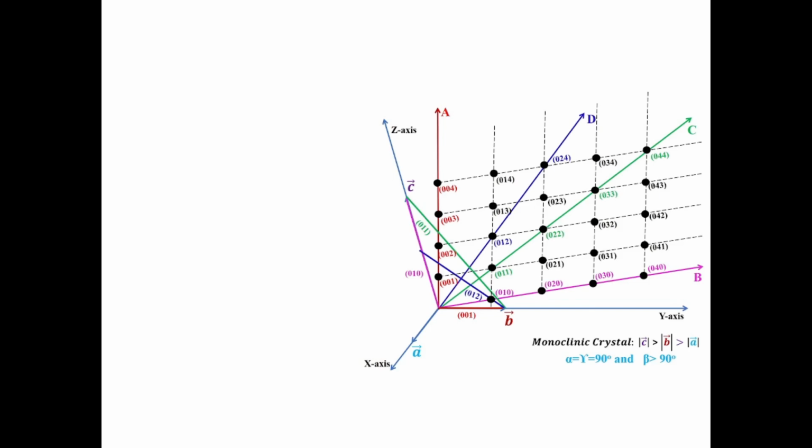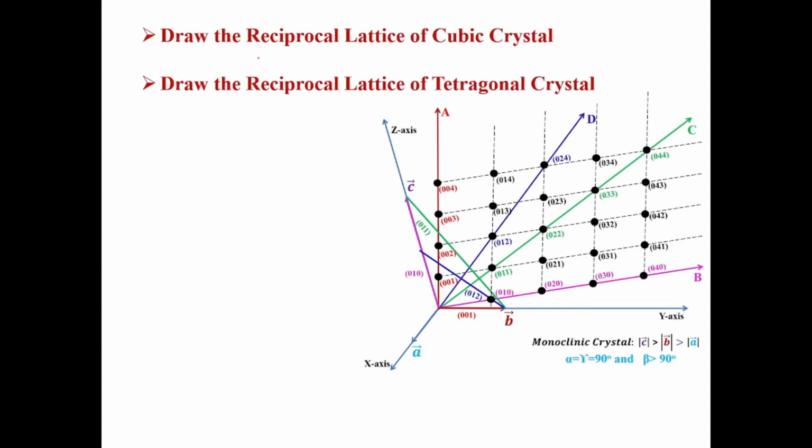Here this reciprocal lattice is drawn by considering the monoclinic crystal structure. I suggest to all of you that you follow the same procedure and draw by yourself the reciprocal lattice of the cubic crystal and the tetragonal crystal.